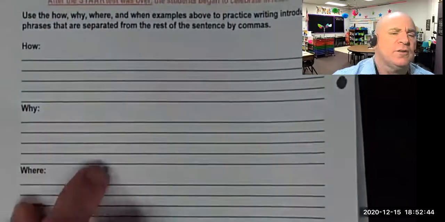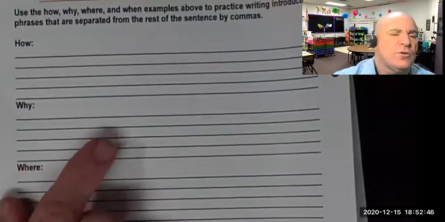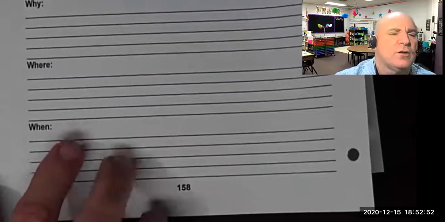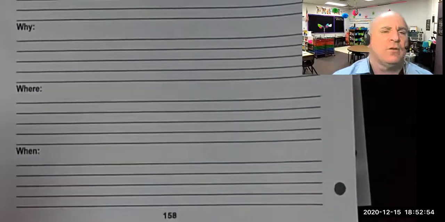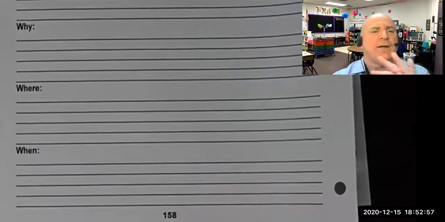Tell me something and then tell me how you do it. Tell me something and then why you do it. Tell me something and where you do it, and then something else and when you do it, and then you can close it. You can write them again by flipping it, by saying to start with how, why, where, oh, when.